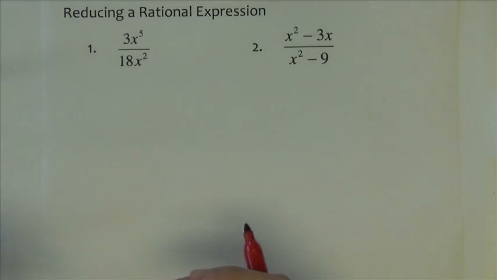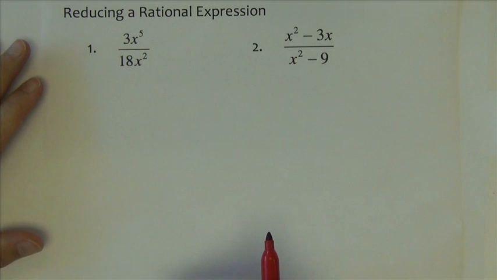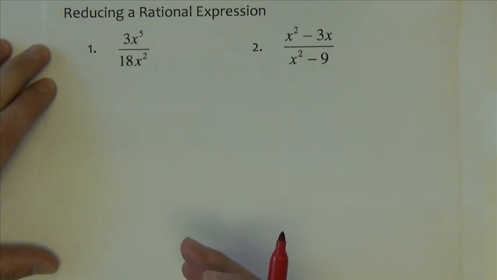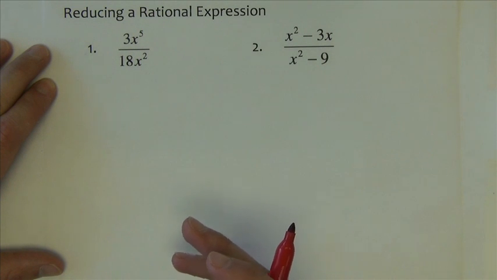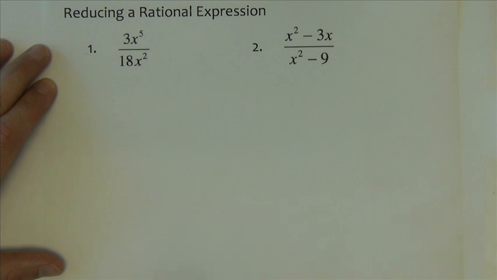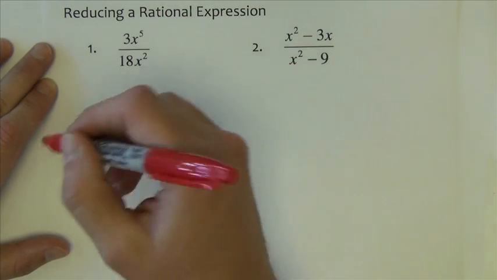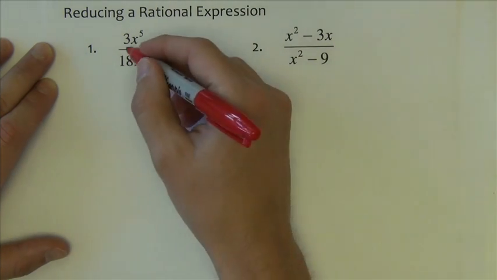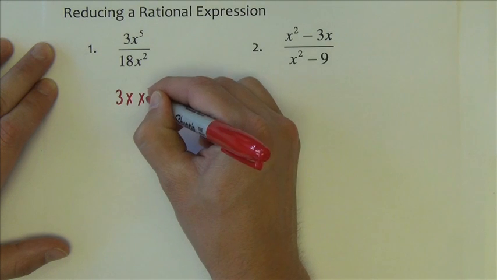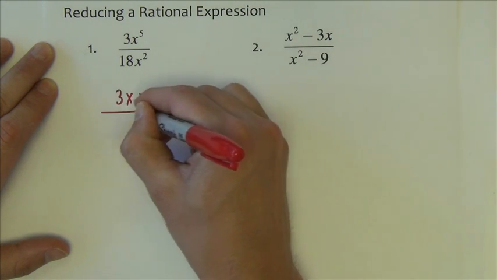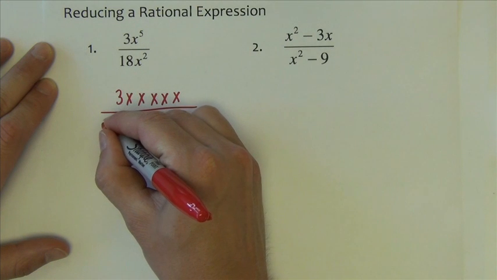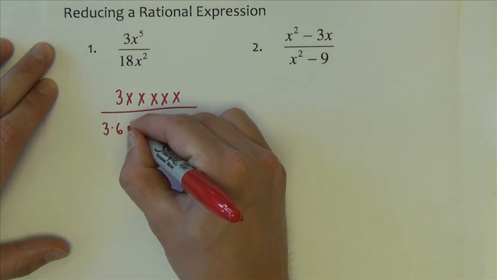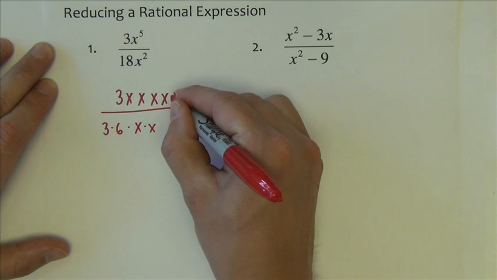Before we get into operations with fractions, let's look at just how to reduce fractions. If the entire problem is built upon products in the numerator and denominator respectively, then all we're going to do is reduce the fraction like we would any fraction. I'll go ahead and write this out. I'll overkill it on this example just so we can see things cross out, but it's much simpler than this. 3x to the 5th is 3x, x, x, x, and x. 18 could be 3 times 6 times, and there's two x's, x times x.